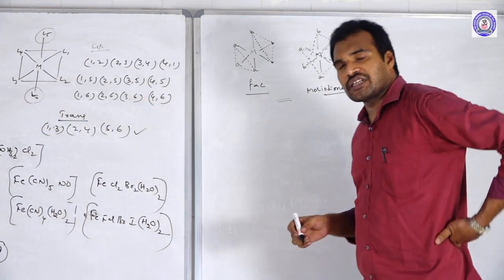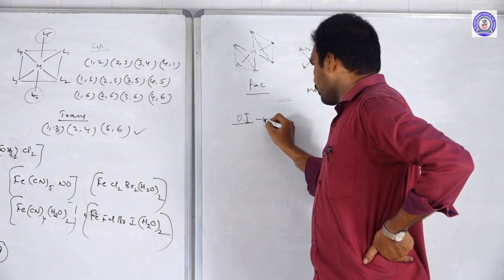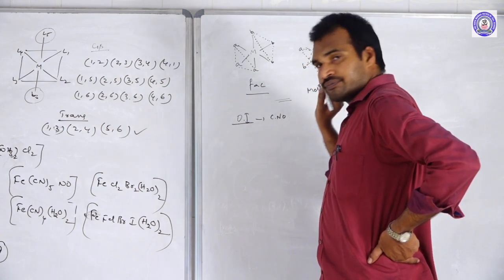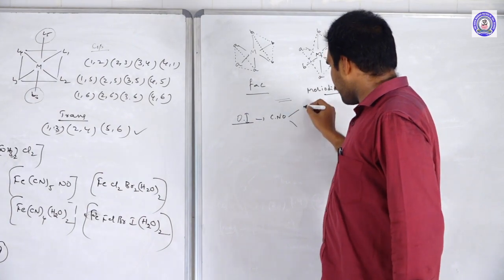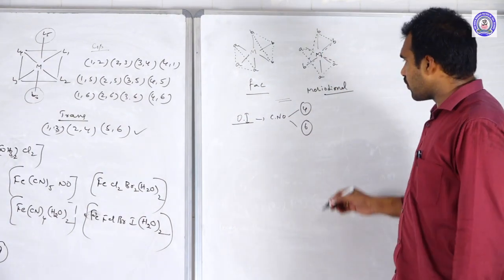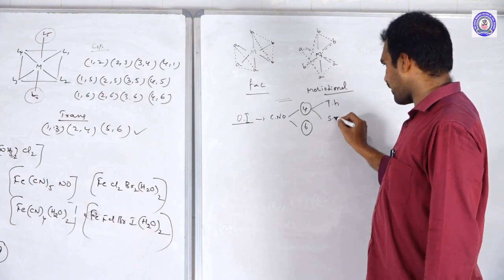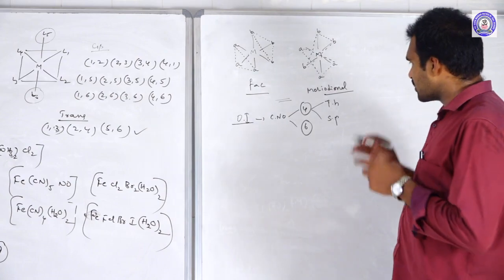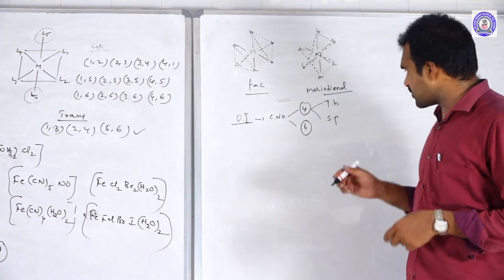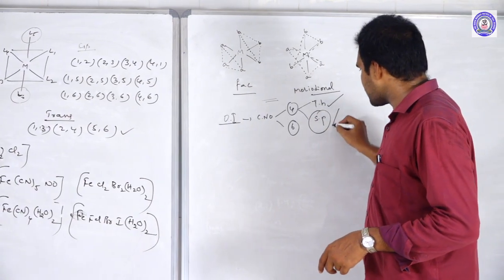Next, optical isomerism. In optical isomerism, only coordination number 4 and coordination number 6 can show it. In coordination number 4, again tetrahedral and square planar. Tetrahedral complexes only can show, square planar complexes will not show.